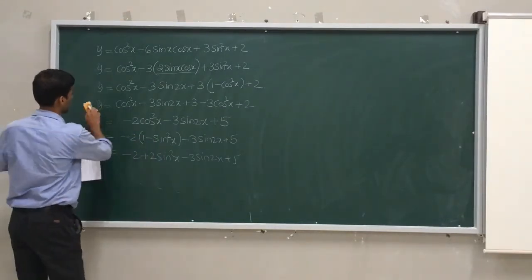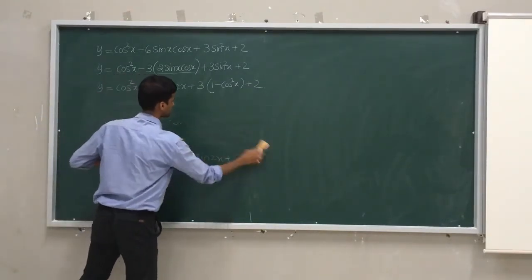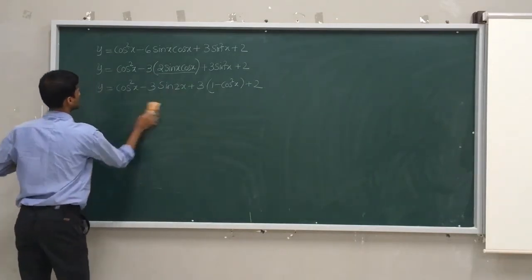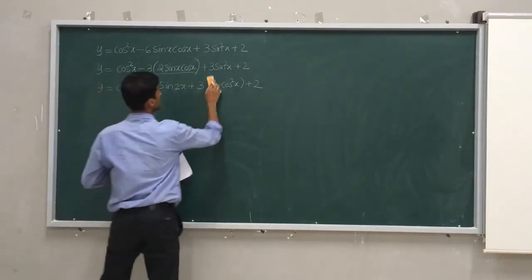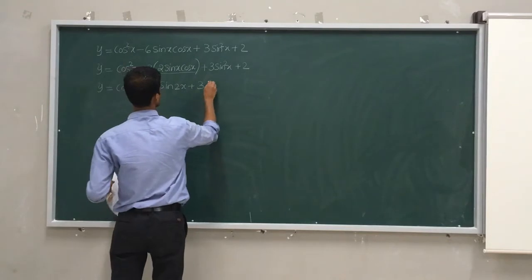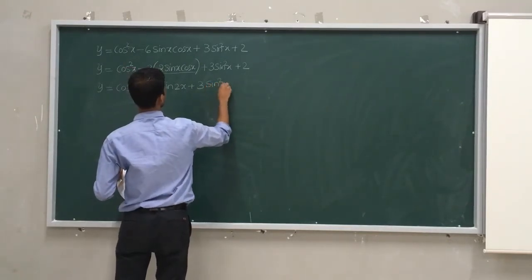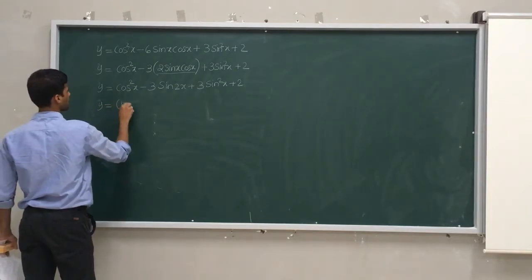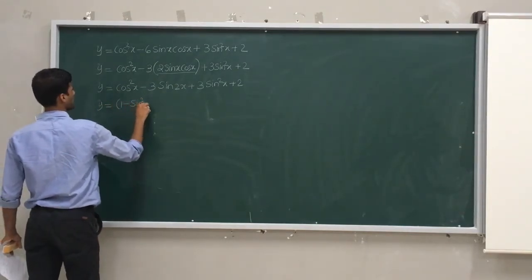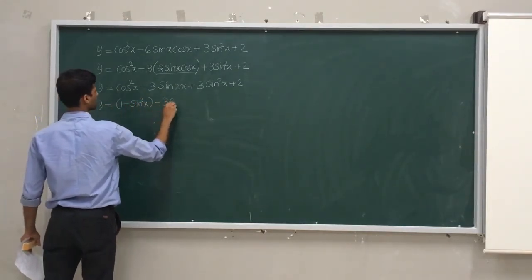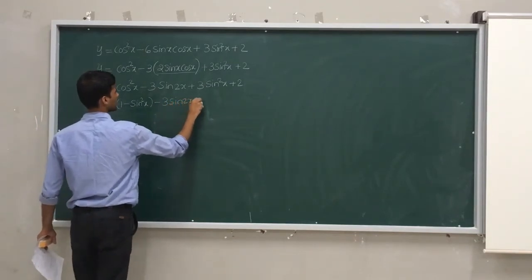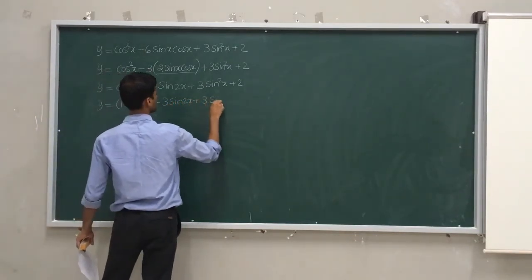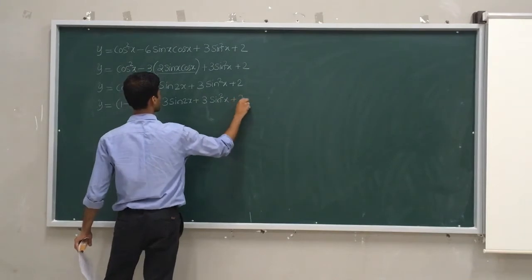So what we will do now is, what if I write like this, 3 sin square x plus 2. What if I write it as 1 minus sin square x, minus 3 times sin 2x plus 3 times sin square x plus 2.